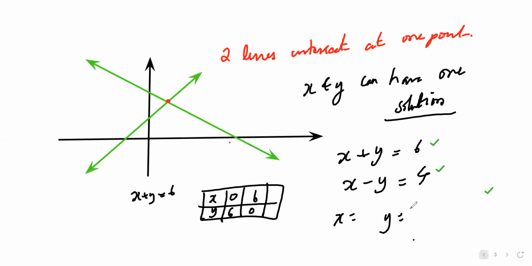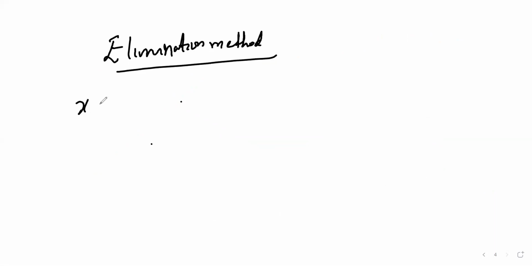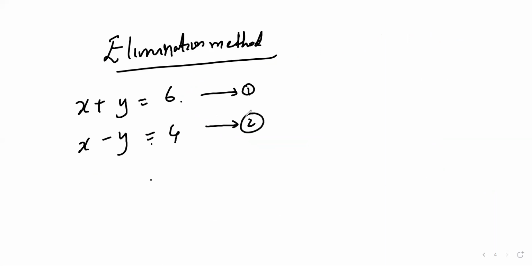So for this problem, let's take the easiest and fastest method, the elimination method. In the elimination method, x plus y is equal to 6 is my equation 1, and x minus y is equal to 4 is my equation 2.